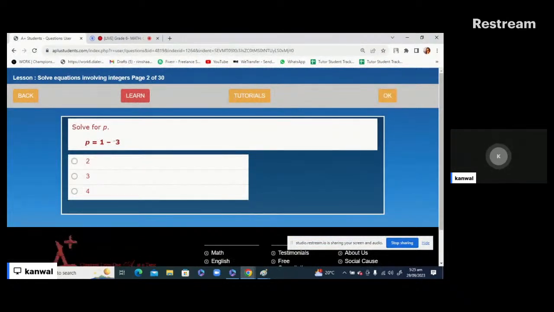Okay, you all tell me what's the answer of that one. P is equal to 1 minus into minus 3. First check the signs.